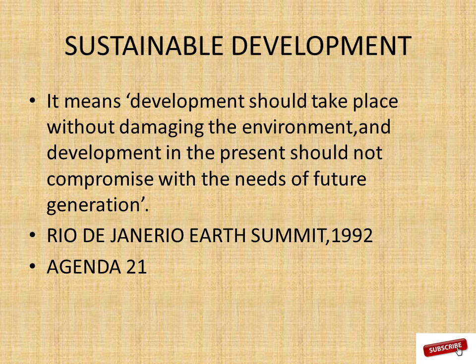And Agenda 21 is the declaration signed by the world leaders in 1992 at the United Nations Conference on Environment and Development, that is UNCED, which took place at Rio de Janeiro, Brazil, and it aims at achieving global sustainable development.